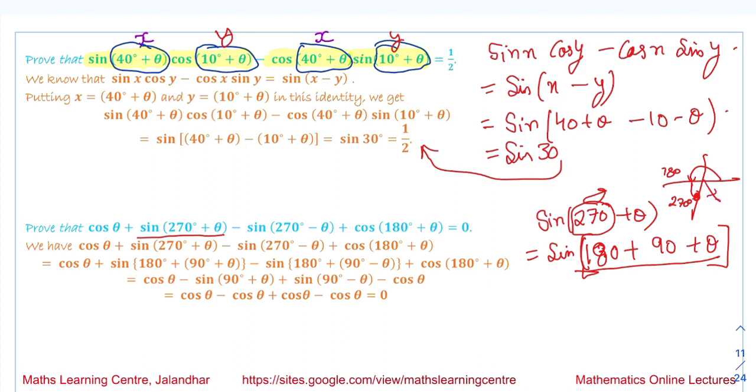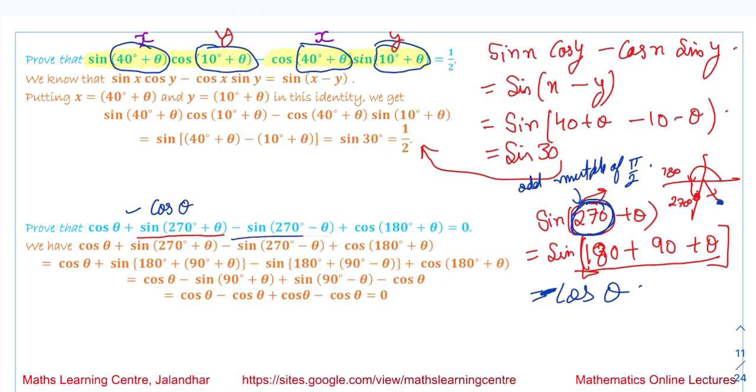This point lies in the fourth quadrant, and it is an odd multiple of pi by 2. So the sine will change to cos, and since it is in the fourth quadrant, the answer is negative. So this value will become minus of cos theta.